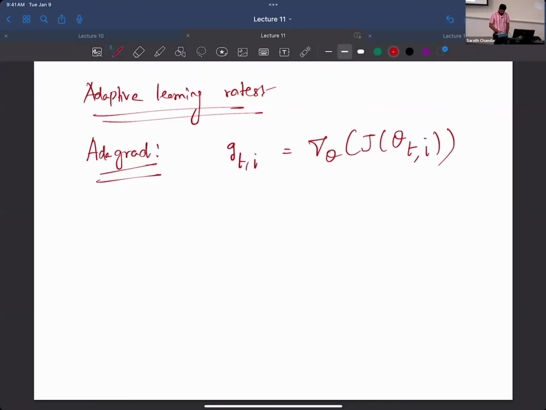With this new notation, the SGD equation can be written as theta_{t+1}^i equals theta_t^i minus alpha times g_t^i, right? So that is SGD.